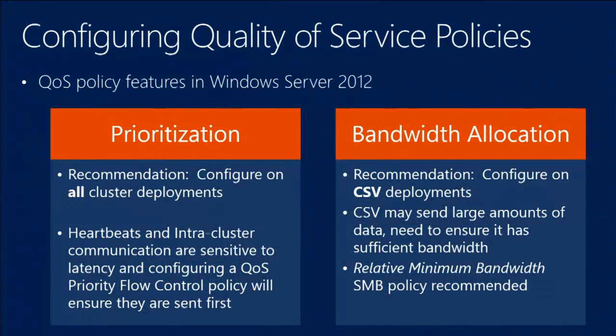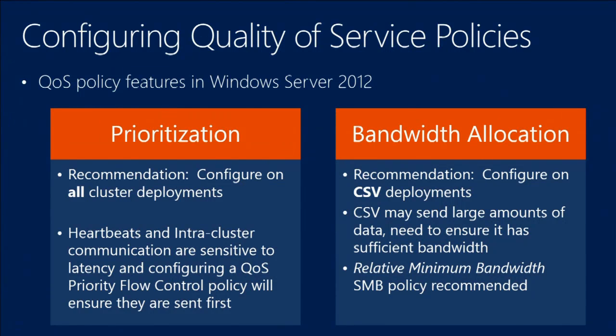These are the QoS policies that were introduced in Windows Server 2012. From the set of QoS policies, the two I would like to highlight are traffic prioritization and bandwidth allocation.